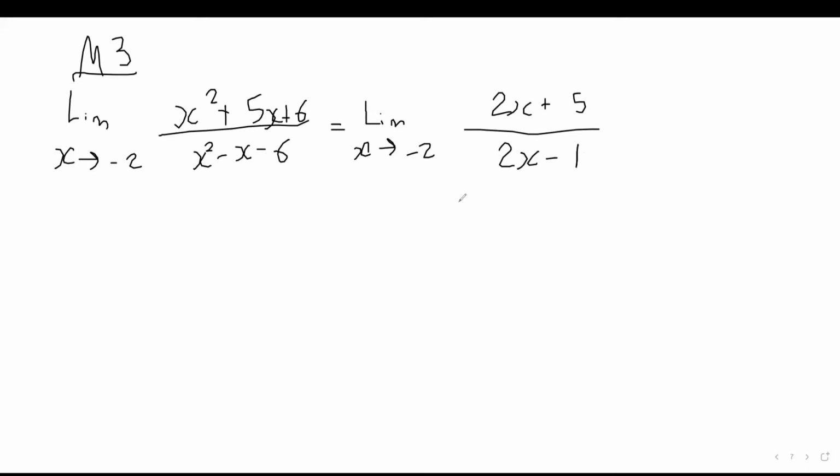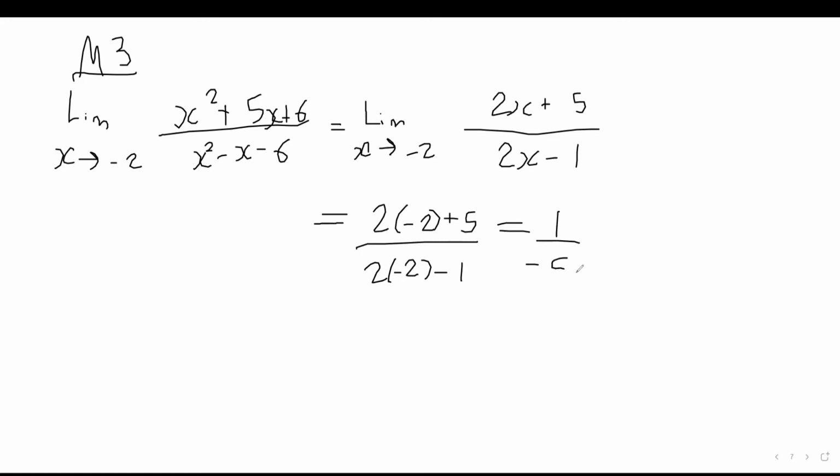Now we plug in -2: 2 times -2 plus 5, divided by 2 times -2 minus 1. That gives -4 plus 5, which is 1, over -4 minus 1, which is -5. So the answer is 1 over negative 5, or negative 1 over 5, however you want to put it.